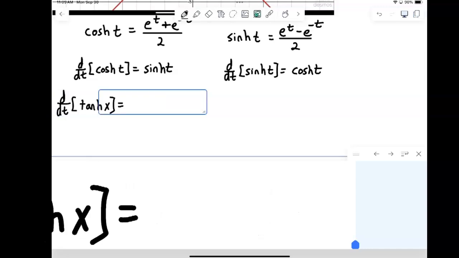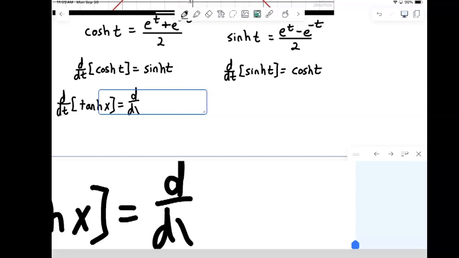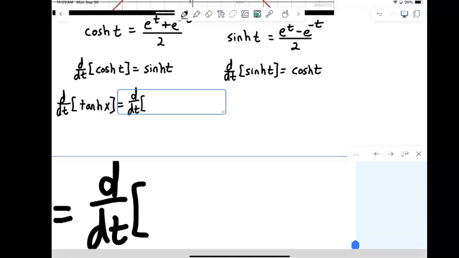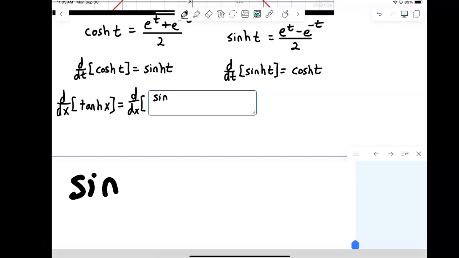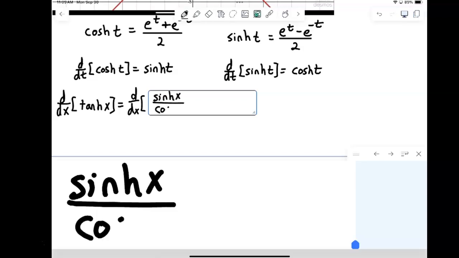Well, a hyperbolic tangent is defined the same way that the regular tangent is. It is the hyperbolic sine, and I'm doing x here, not t, so let me fix my variables: that should be dx instead of dt. So hyperbolic sine of x over hyperbolic cosine of x.